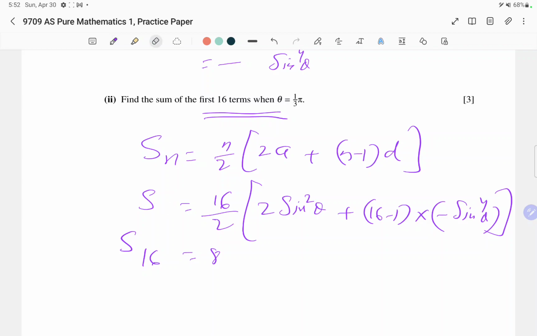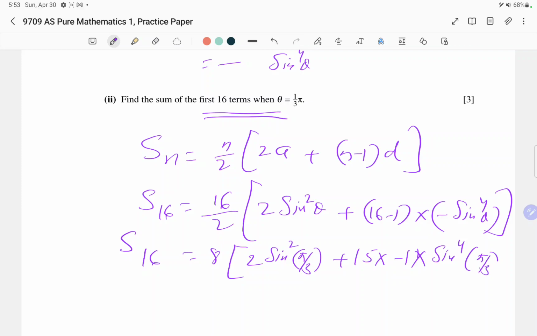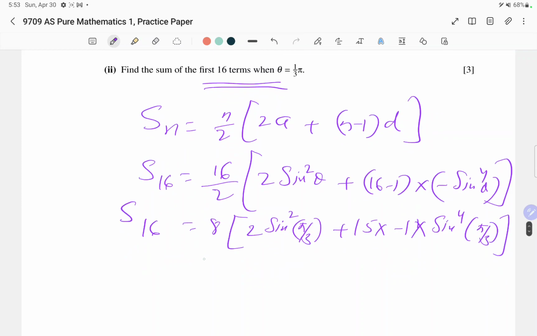Here I should convert: 16 over 2 is 8, times 2 sine square pi by 3 plus 15 times minus 1 times sine to the power 4 pi by 3.